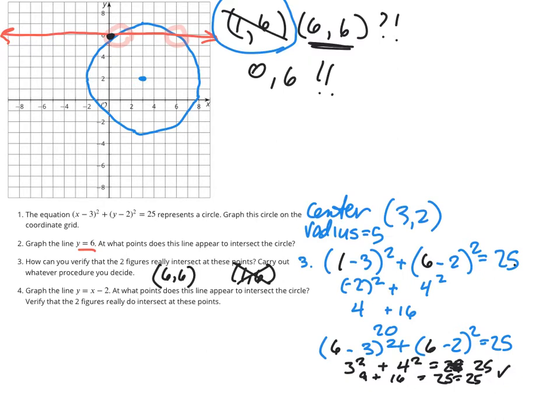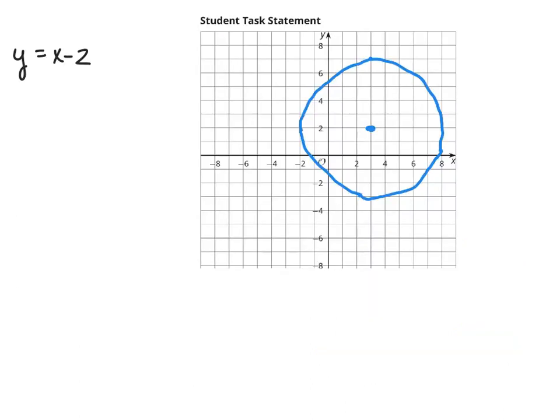All right, graph the line y equals x minus 2. At what points does this line appear to intersect the circle? So hold on. I just copied the circle from the last slide because it got a little messy. So question number 4 says, graph the line y equals x minus 2.